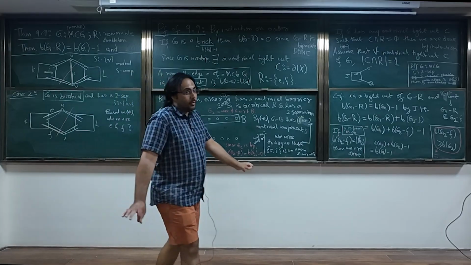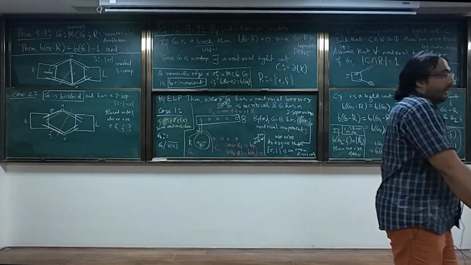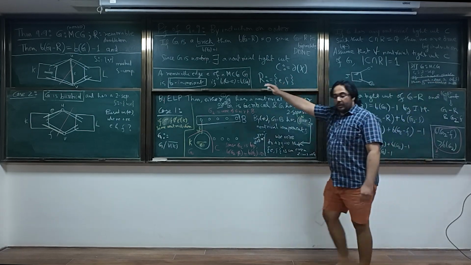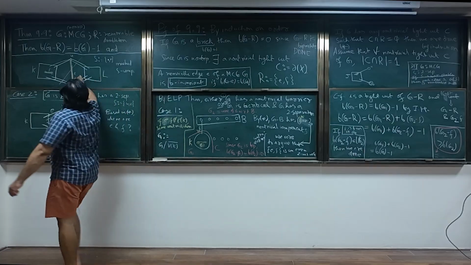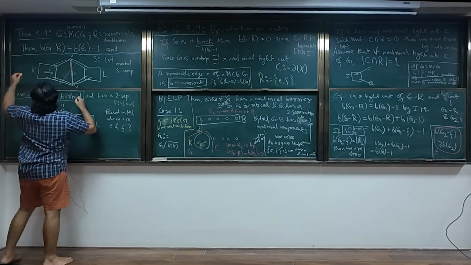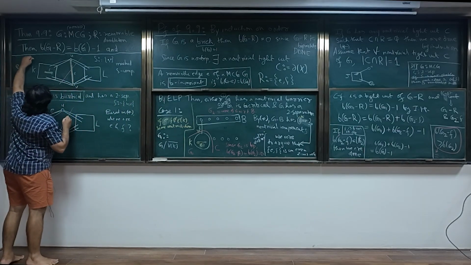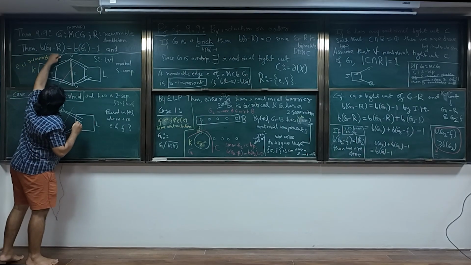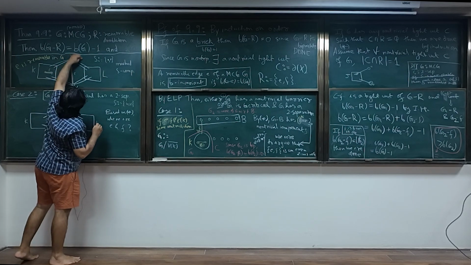Therefore, if I splice the two graphs without E, I will get a matching covered graph. Therefore, G minus E is matching covered. Therefore, E is removable. Right? So that is one way to finish it here. But this is a more general thing you can use whenever you arrive at this situation in life. Right? So basically, E is removable. Contradiction.